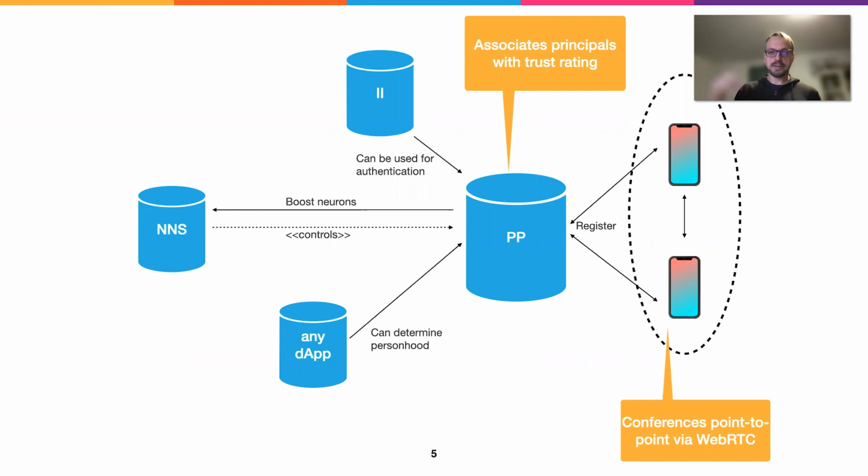The people party canister will then, as I mentioned on the previous slide, boost neurons in the governance system. And doing this has 2 reasons. First of all, how that works is, as a person that is validated, you will be able to designate 1 neuron in the people party canister that will be boosted. Can be your neuron, can be someone else's neuron, doesn't really matter. We expect that most users that get validated would like to boost their own neuron, or maybe one of the family members' neurons.